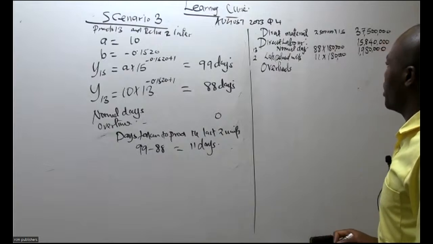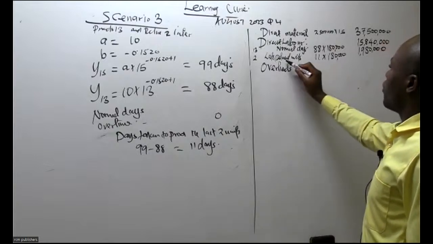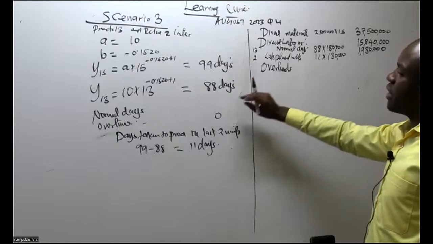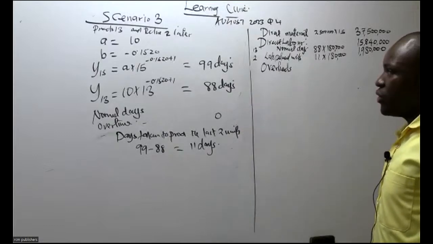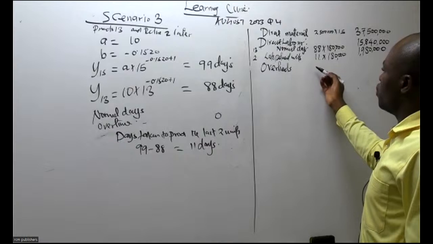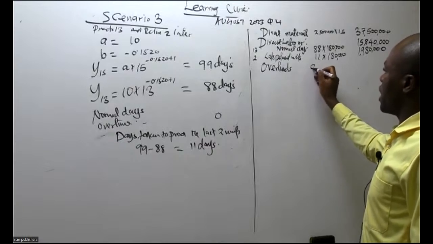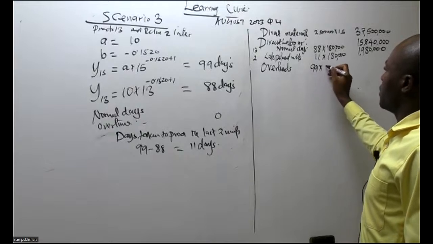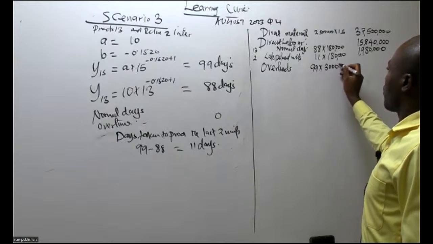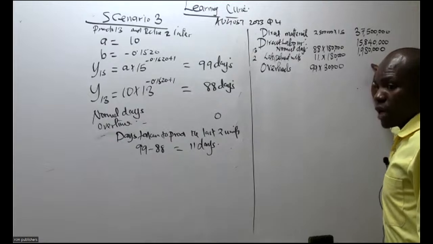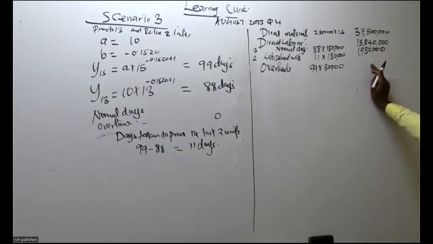They want to avoid the overtime because this overtime is making them pay a lot of money. So scenario 3, they are trying to take that option. Yes, the overhead will be 99 times 30,000. Tutakuwa na ngapi hapa? 99 by 30,000 ni ngapi?